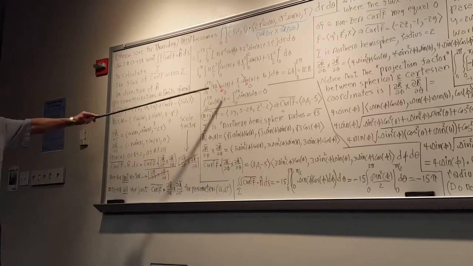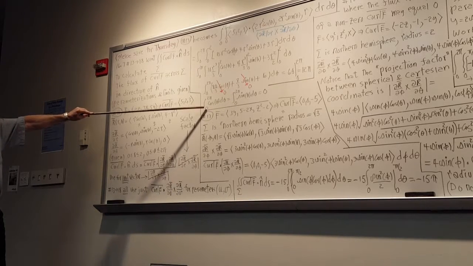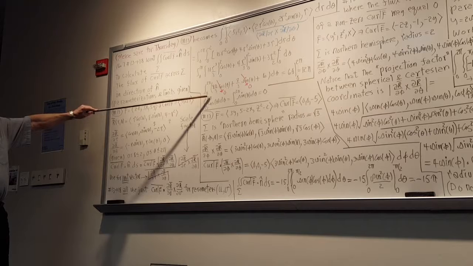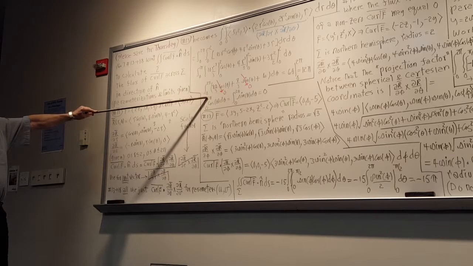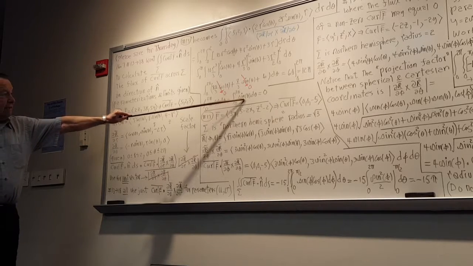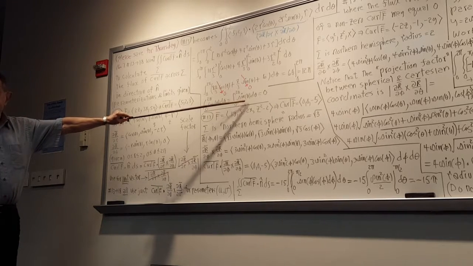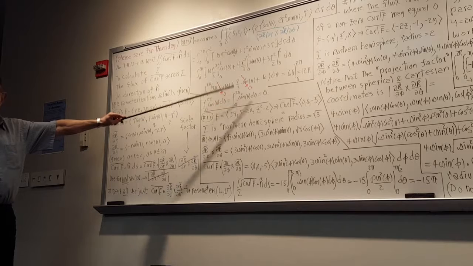Well, these two integrals are both 0, because the integral of cosine is sine, and sine of 2 pi is 0, and sine of 0 is 0. The integral here is minus cosine, and cosine of 2 pi is 1, and cosine of 0 is 1.